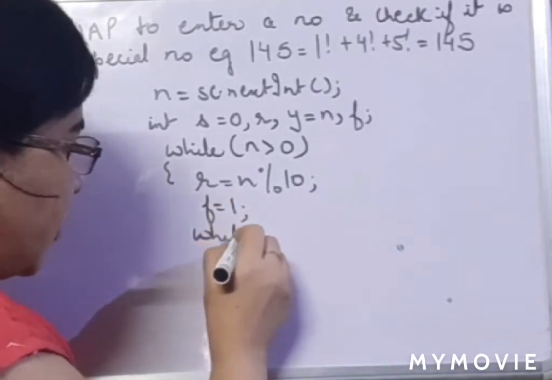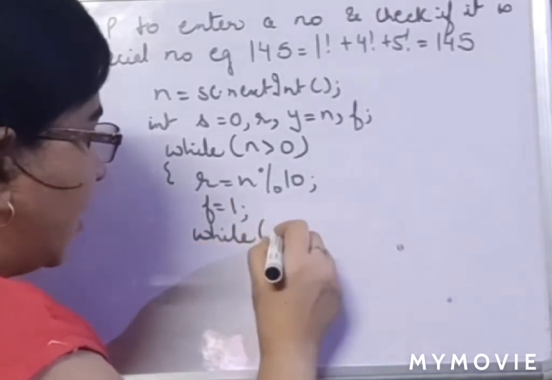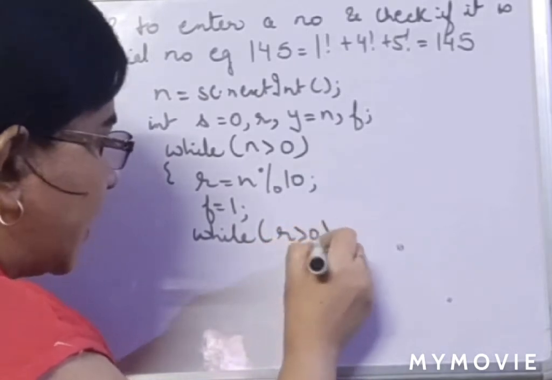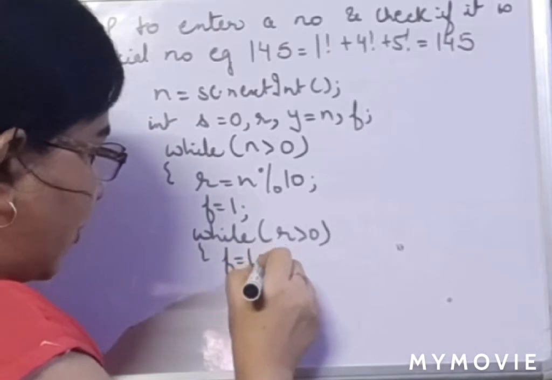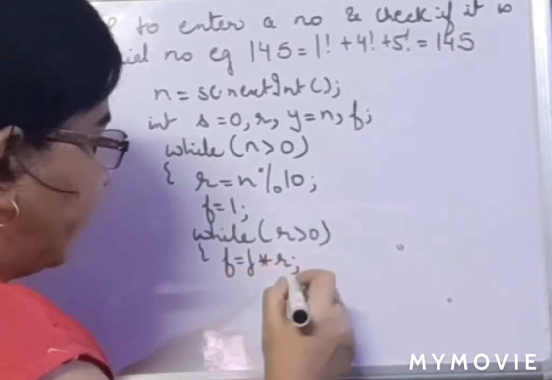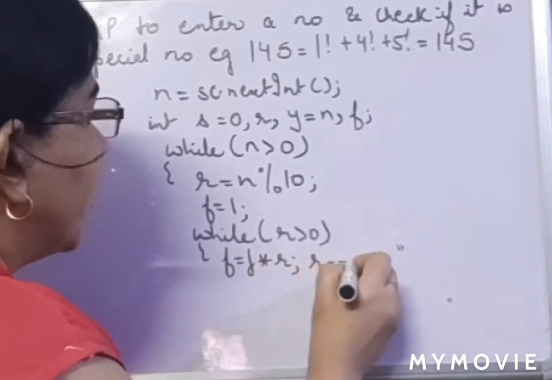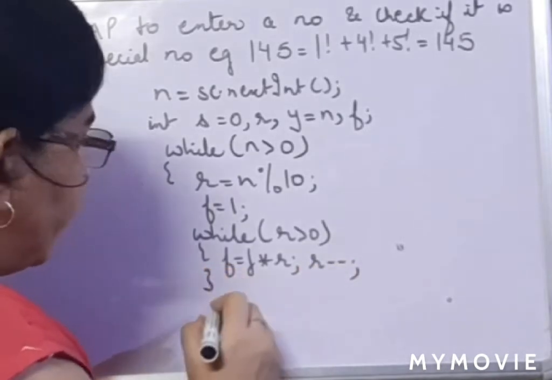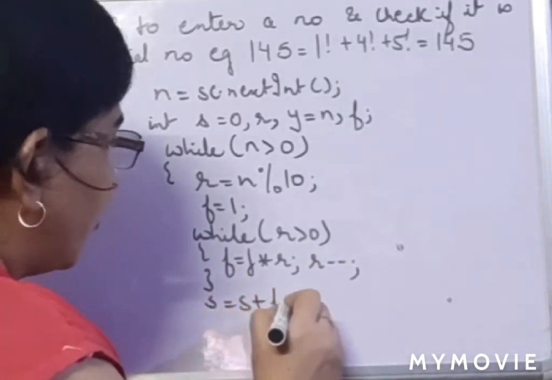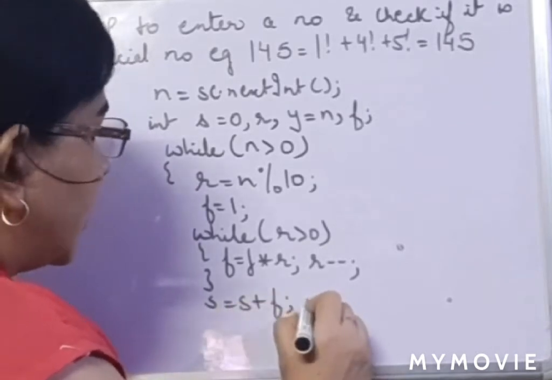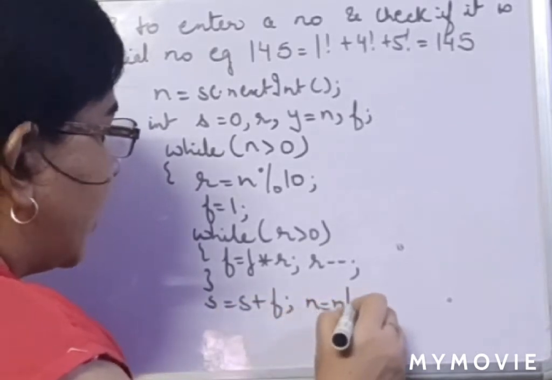Again a while loop is used here. While r is greater than 0, f is equal to f into r, r minus minus. Sum is equal to sum plus f, and n is equal to n divided by 10.